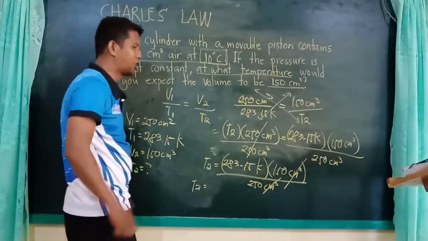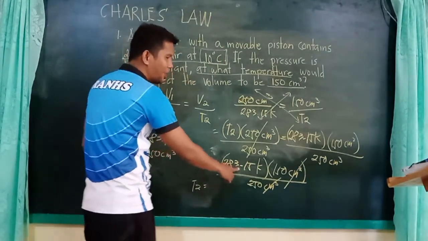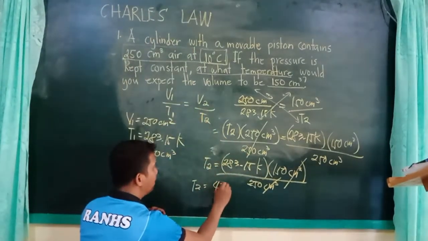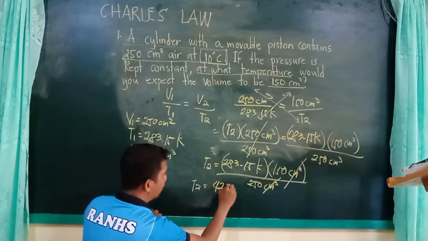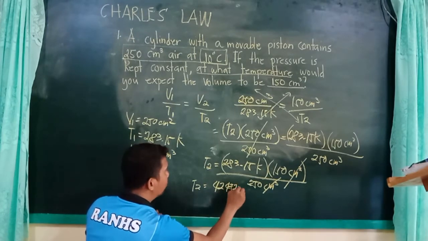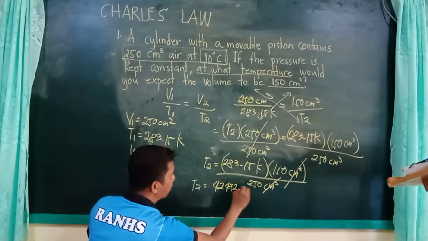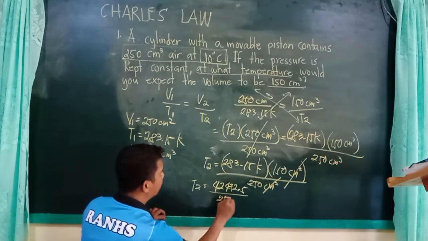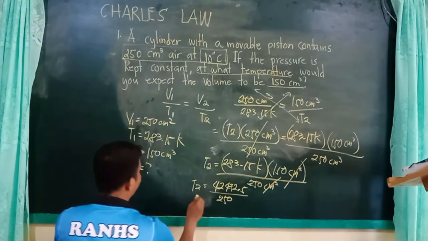Now, let's do that. 283.15 times 150 is equal to 42,472.5, divided by 250 is 169.89.